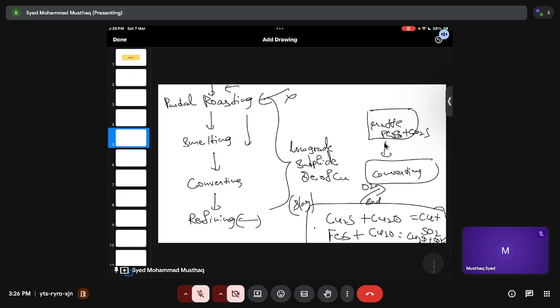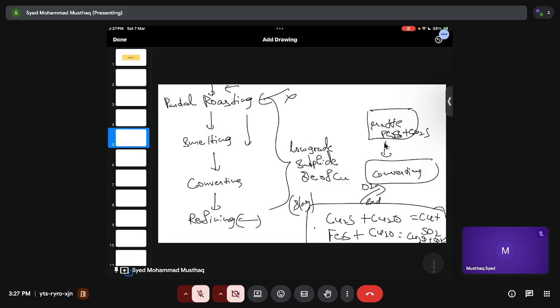A large amount of slag needs handling, and more copper will be picked up as copper oxide, because whenever you are supplying oxygen, some copper also gets converted into oxide. That is not viable, so more copper will be lost. That's why we do the partial roasting in the copper extraction process.